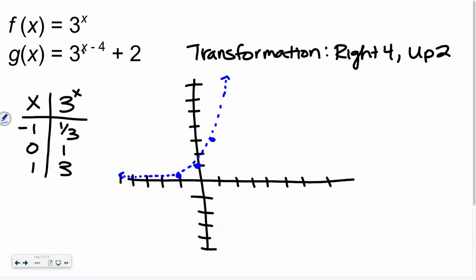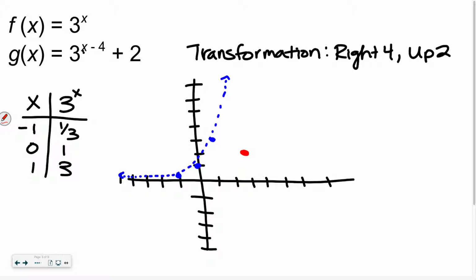What do I want to do to that graph? Transform it. Move all the points right 4 and up 2. So I'll take this point, which is -1, 1/3, and I'm going to go right 4. 1, 2, 3, 4. And then up 2. 1, 2, so I'm at 2 1/3.